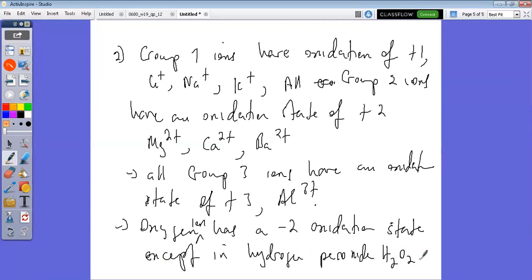There the oxygen has a minus 1 oxidation state. So oxygen always has minus 2 in any compound it is bonded to, except for peroxides.